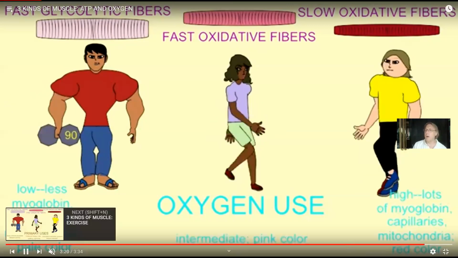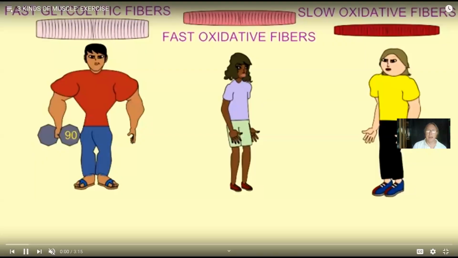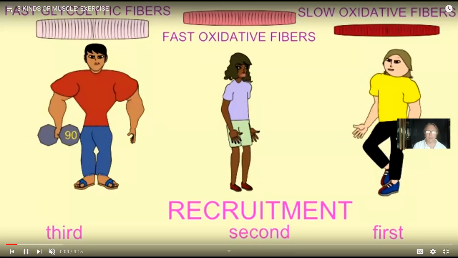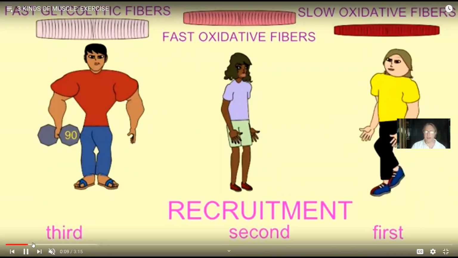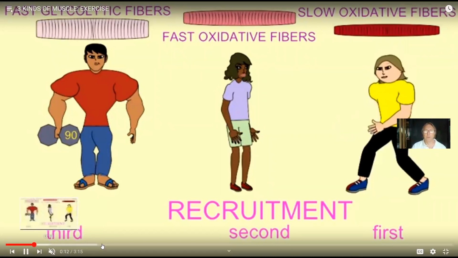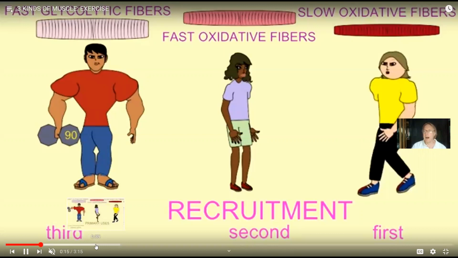And so we have these three different kinds of muscle, which a lot of people who study anatomy and physiology, you might be going into sports medicine or exercise physiology. And so we can then talk about these. We can talk about how they are recruited during exercise.